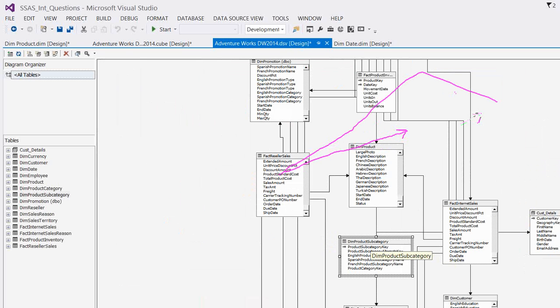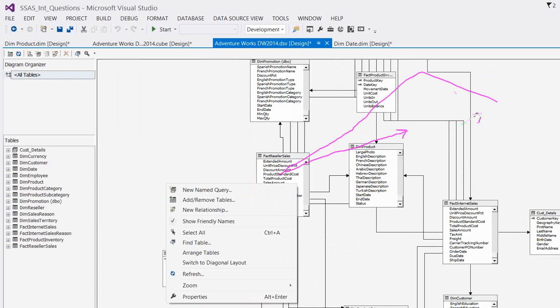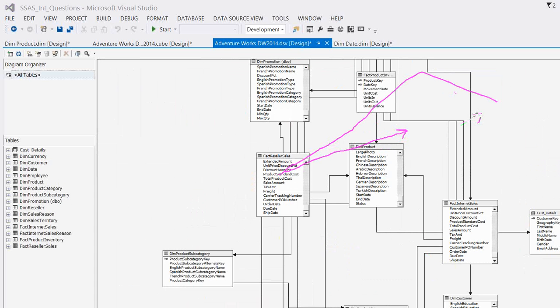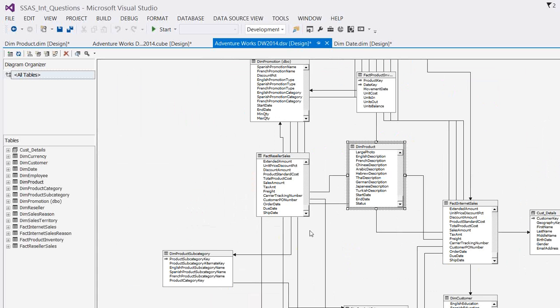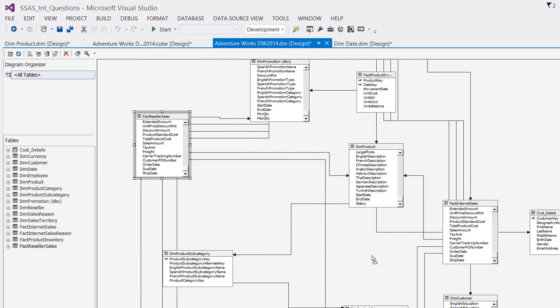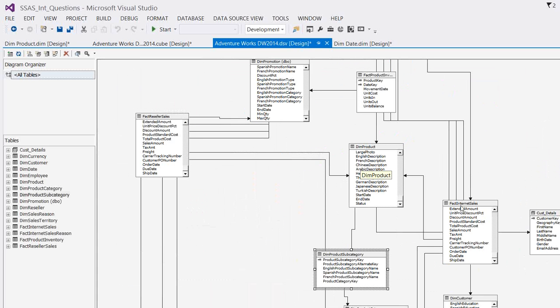The dim product subcategory is related to the fact internet sales using the dim product table. Let me move this table aside so that you can see the relationships easily. So dim product is related to fact internet sales, and dim product category is related to dim product subcategory, which in turn is related to dim product, and then coming to the fact internet sales.